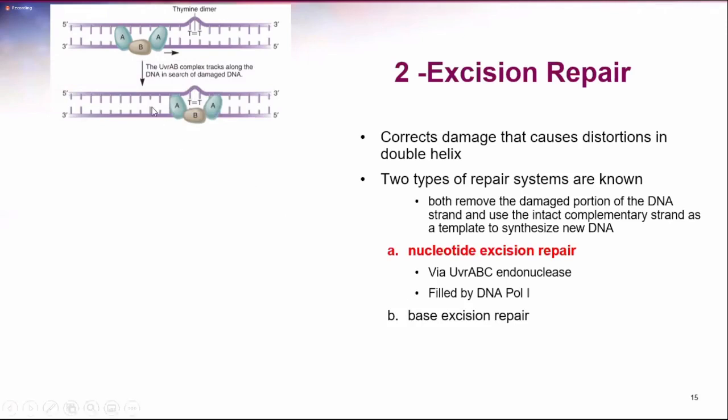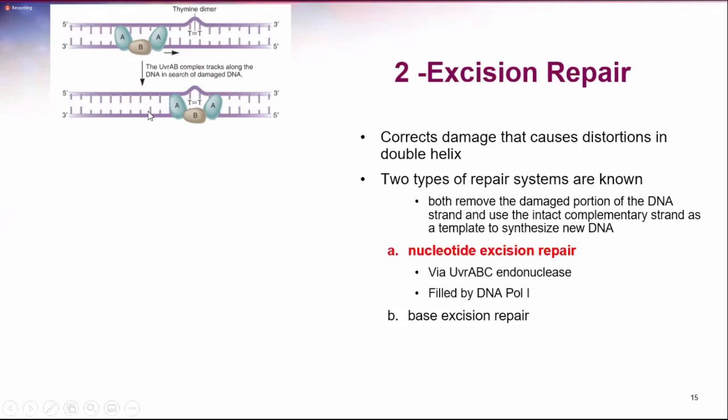UvrA and B are like what we just saw with the mismatch repair, where MutS scanned along the DNA looking for mismatched bases. Here, you have UvrA and B that scan along DNA looking for any type of damage, but particularly dimers, so UV damage particularly.